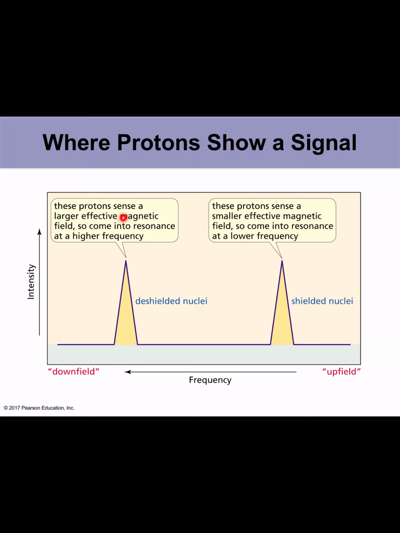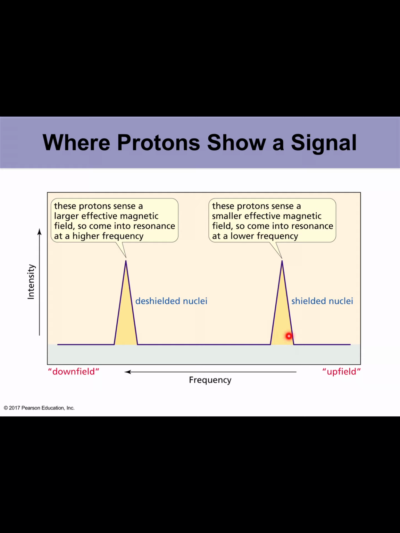These protons sense a larger effective magnetic field, so they come into resonance at a higher frequency. If the hydrogens are feeling more of the applied magnetic field, we call them deshielded. They are not shielded by the electrons. They are more open, so they feel more of the applied magnetic field, and they appear at a higher frequency, or downfield.